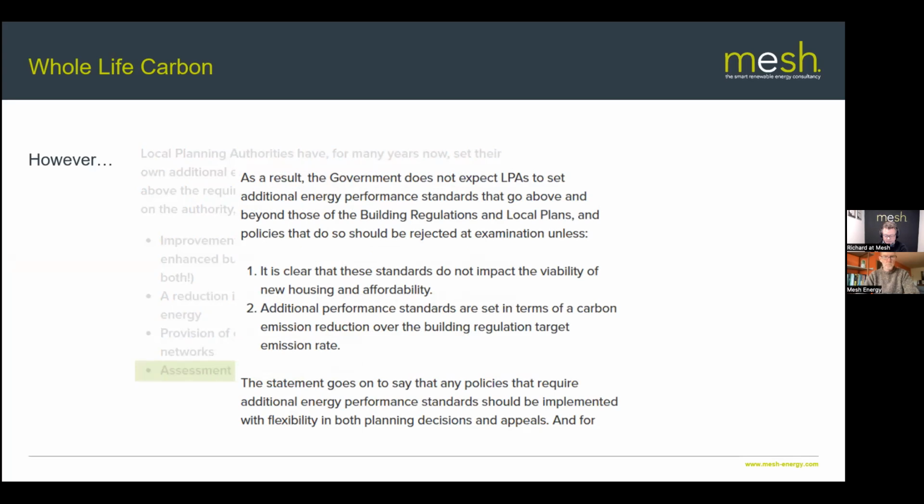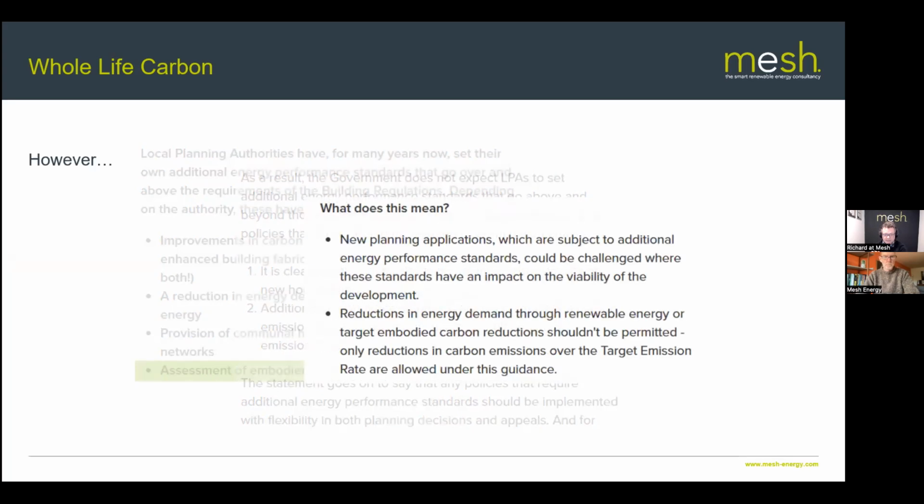So it's a changing landscape, and where new planning applications with these sorts of policies surrounding whole life carbon might be seen as additional performance standards, then they should be challenged, and they shouldn't be seen as a barrier. So there's quite an interesting discourse going on at the moment, and we're just trying to have as many conversations as possible to see how this is going to pan out.